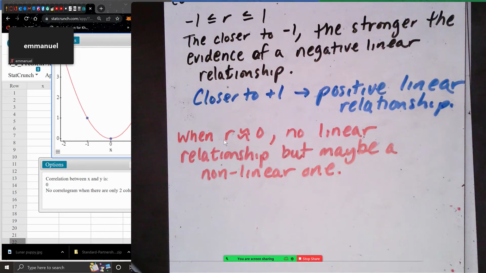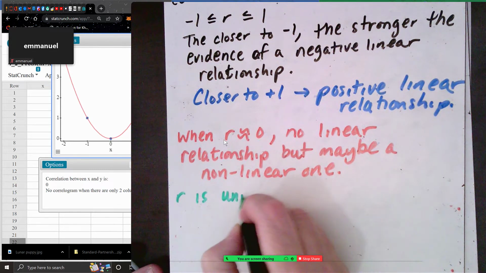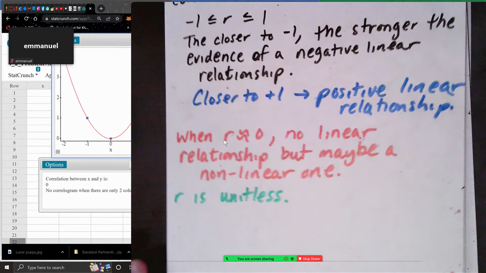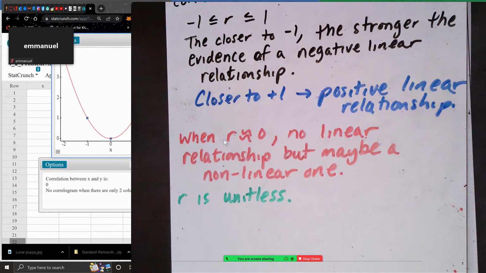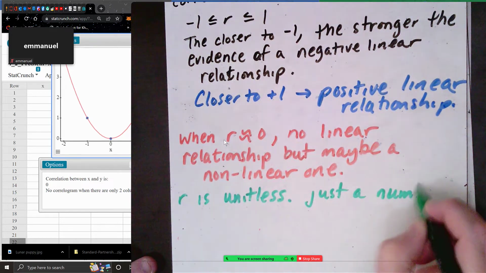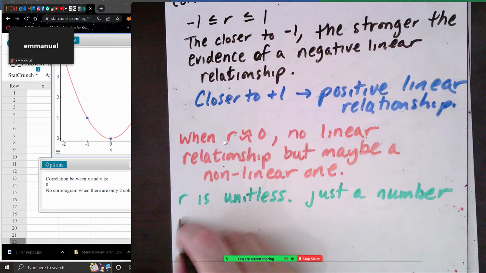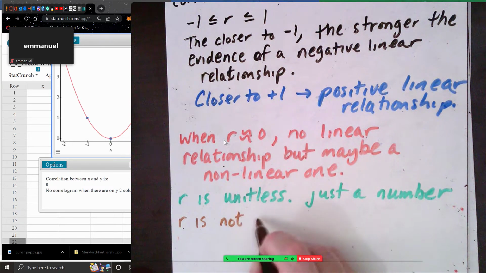Other fun facts. R is unitless. A lot of the things we're doing, we have units, like 10 feet or 5 seconds or something like that. Feet and seconds is a type of unit. R is unitless. It's just a number. And R is not resistant to outliers.